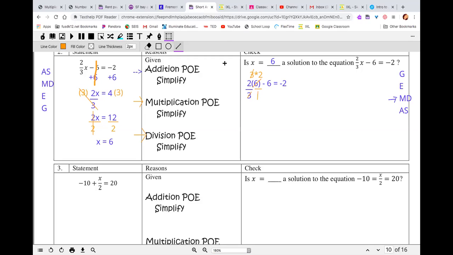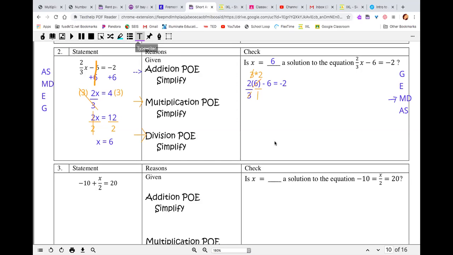Okay, so let me rewrite this. I have 2 times 2 minus 6 equals -2. Remember to write the entire problem, the entire equation again. We don't want to leave anything out. Keep it lined up. Now my fraction is all gone. Yay!